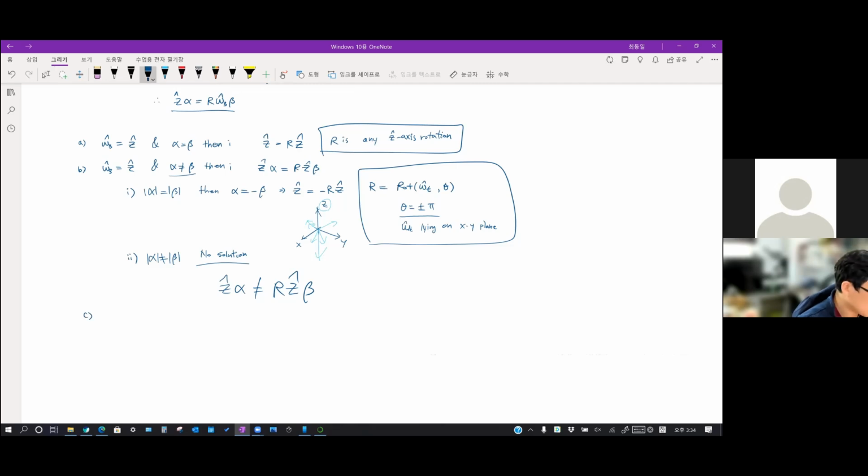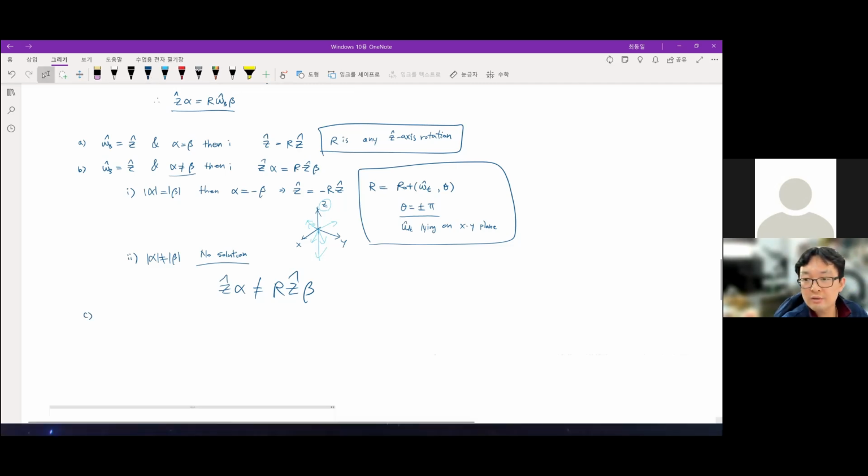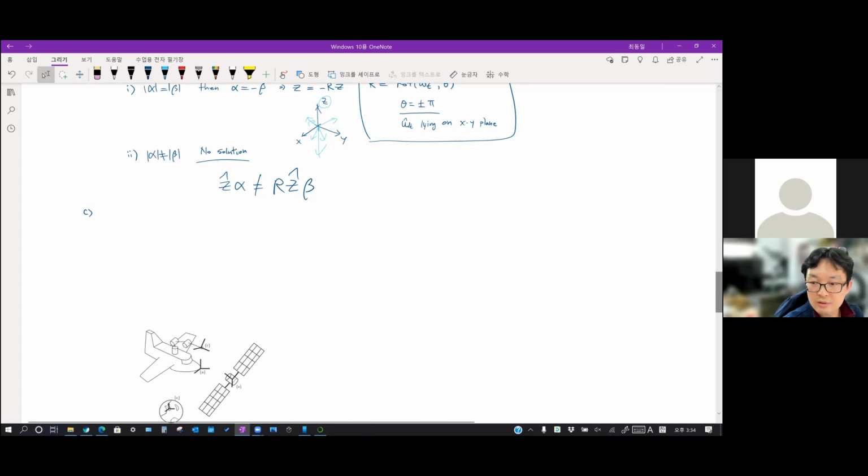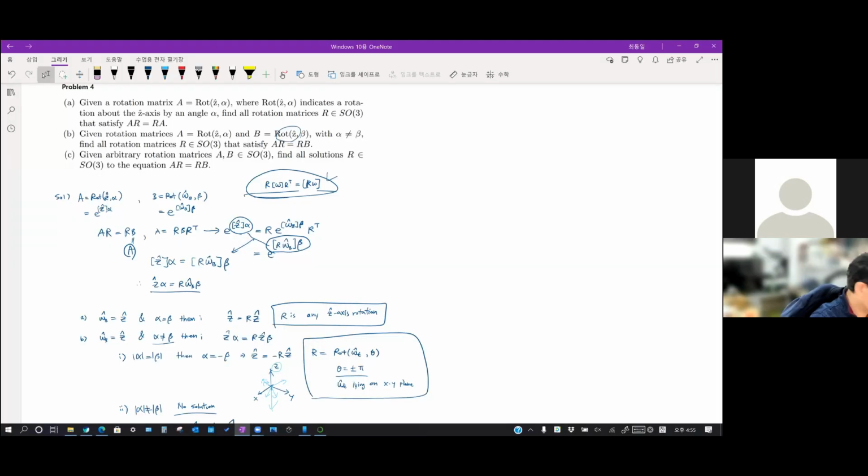And then about C, problem C is asking about arbitrary rotation matrices that satisfy this one. So in that case, what is R?